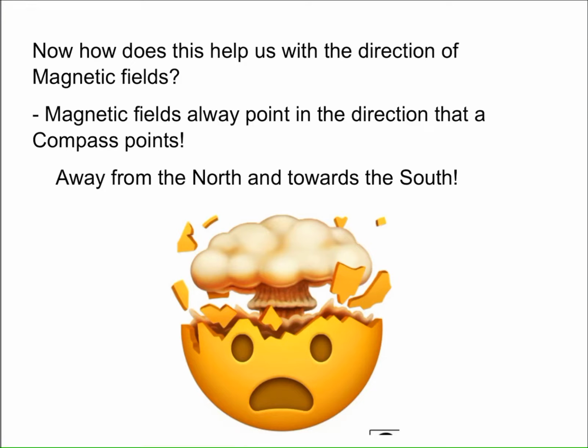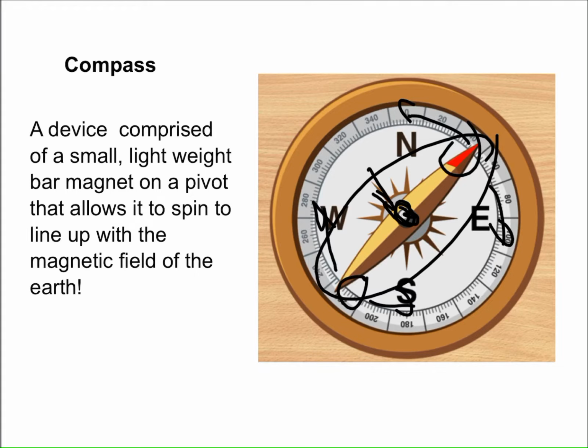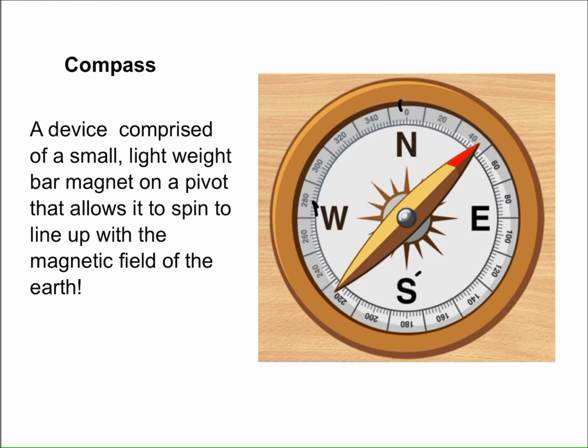So, now how does that help us decide the direction of magnetic fields? Well, magnetic fields always point in the direction that a compass would point. So, basically the direction that the North Pole on that little compass would face would be the direction of a magnetic field. So if this were a compass just hanging out on Earth, this would be the direction that the magnetic field was at that location on Earth.